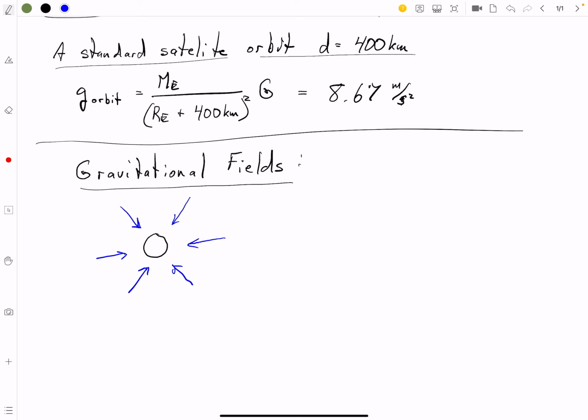And that means that there is also what we call an equipotential. All these field lines are pointing toward the massive object. Our object has mass.